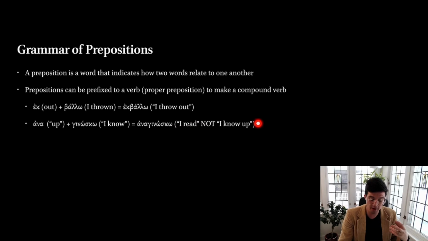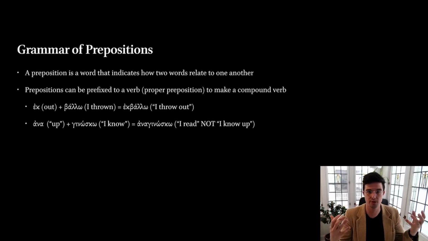There will be cases where the preposition tells you something about what the verb means, and other cases where the verb is changed altogether. In the vocabulary list, you'll be given the actual definition of a verb that is a compound made out of another verb and a preposition.